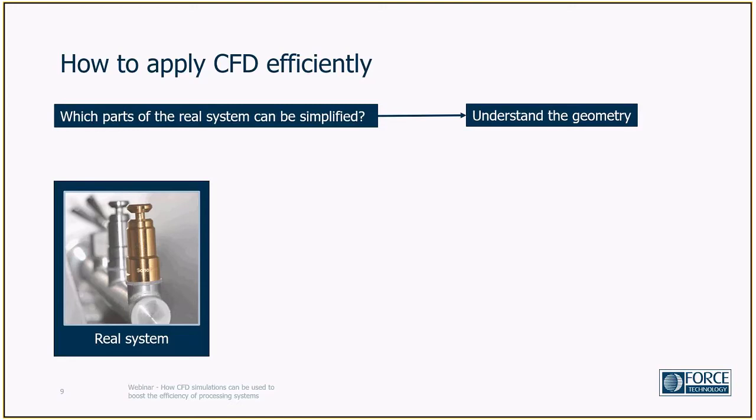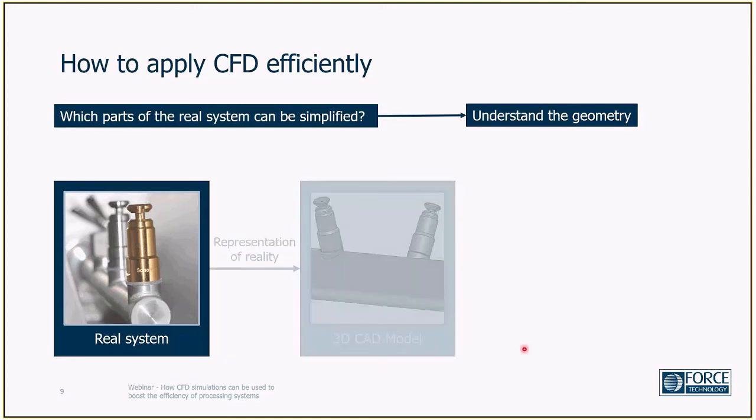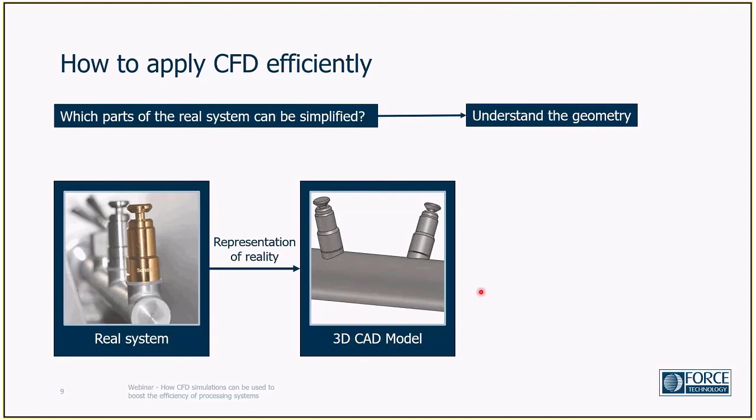The first thing we usually do is make a representation of the reality through a 3D CAD model, and this representation tries to replicate the geometrical reality as much as possible. Then it can be used for construction or installation or any other relevant purpose.